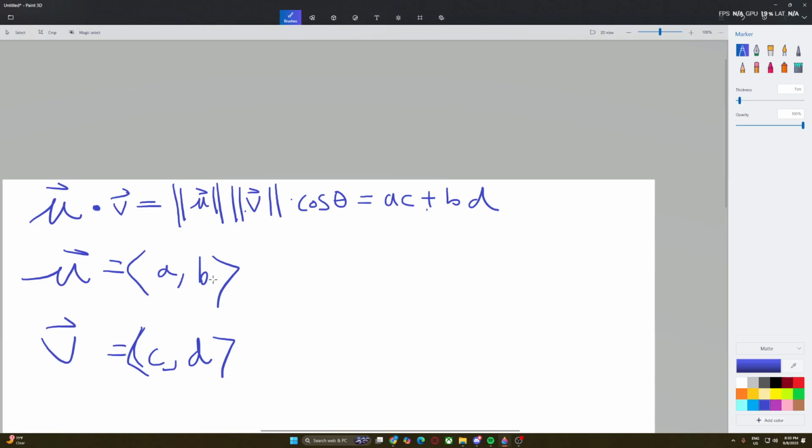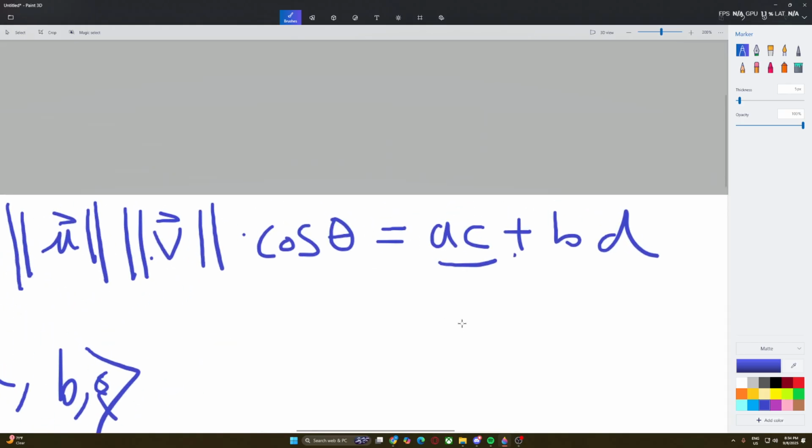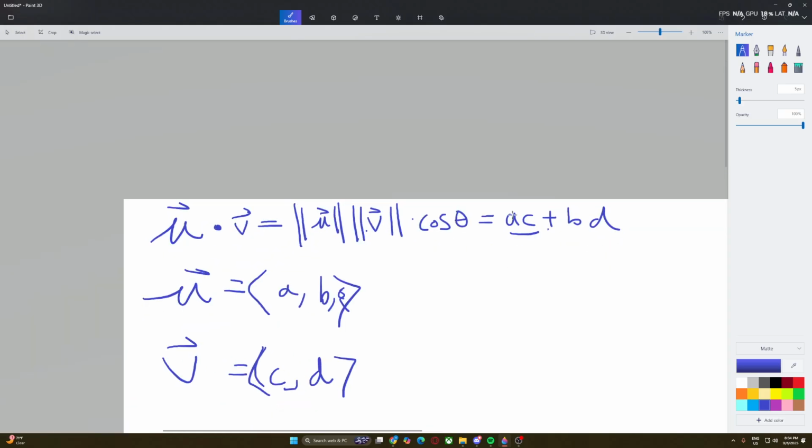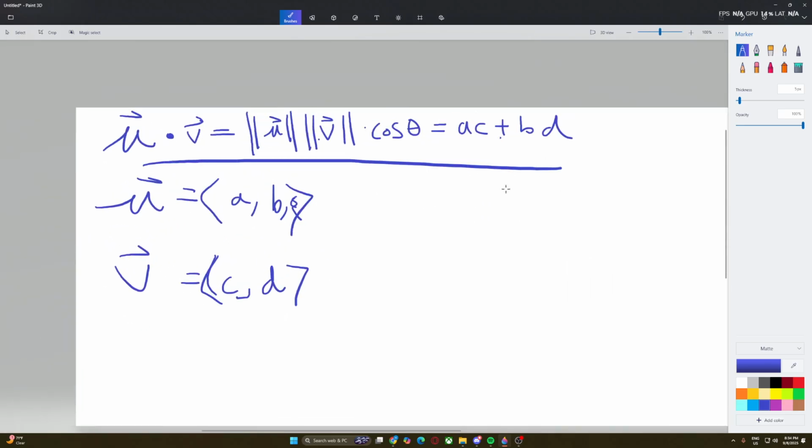If there was a third variable, it'd be the same, multiplying its components too. Based on this equation, it's just multiplying the respective components of each vector and adding them together. That's basically what it means.